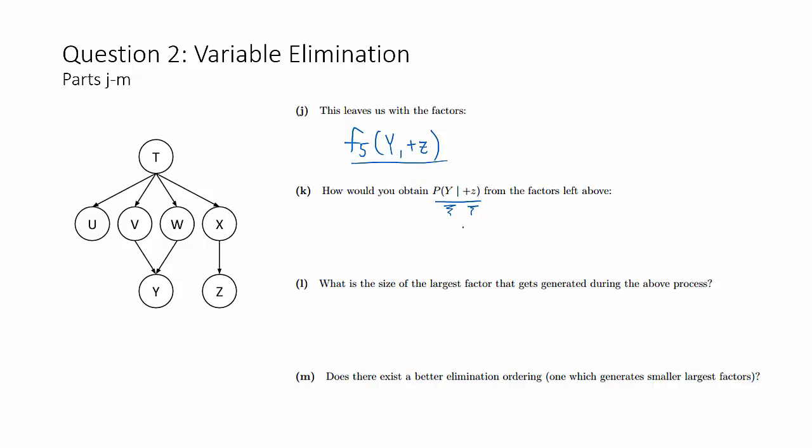The normalization step requires us to divide each entry in f5 of y, plus z by the sum of all entries in f5. Remember there's one row per value of y, and so we should sum over all possible values of y of f5 of little y, plus z. And this is how we get p of y given plus z, and the process for doing this is called normalization.